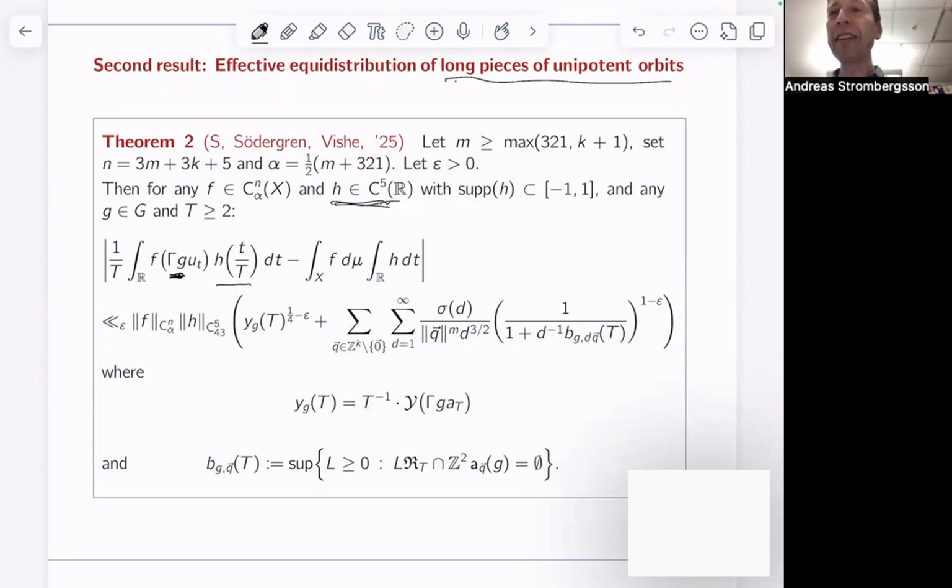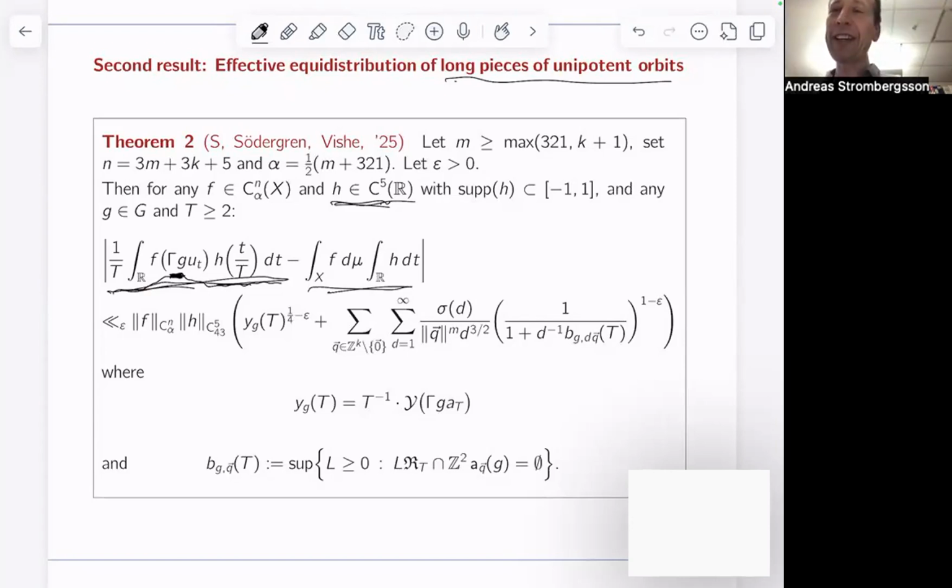If H is the characteristic function of the unit interval, then this is just the standard ergodic average from 0 to capital T. So we start at the point gamma G and follow the unipotent orbit for time capital T, and we average the test function F along that finite curve. And this effectivizes the result, saying that when capital T tends to infinity, this one-dimensional average tends to the volume average.